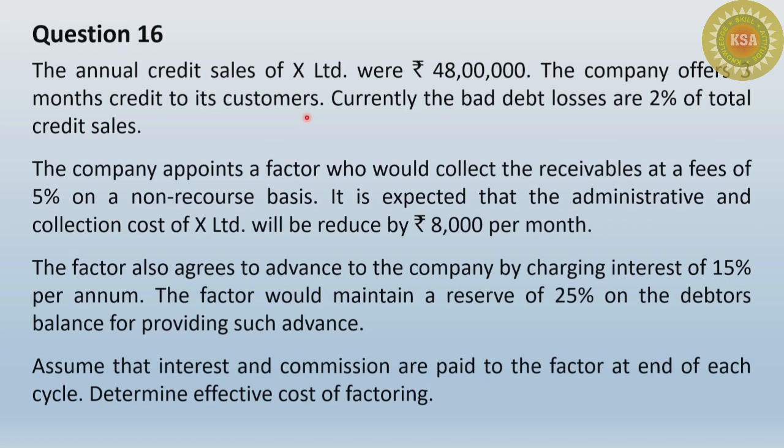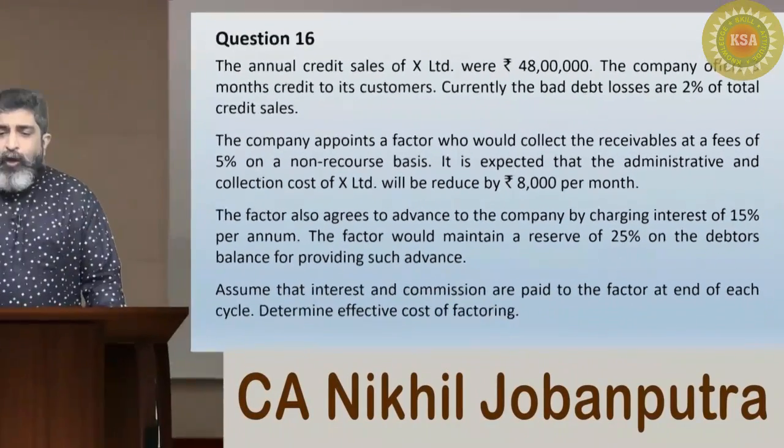Now, with the understanding of accounts receivable turnover ratio, you know what you have to do. If the credit period is 3 months, that means in one entire year of 12 months, there will be how many cycles of collection? There will be 12 divided by 3, that will be 4 different cycles of collection.